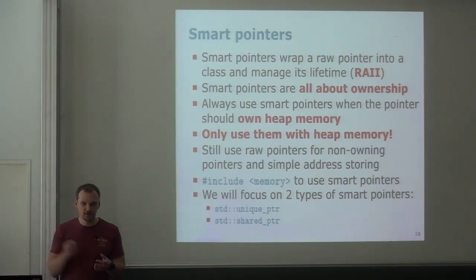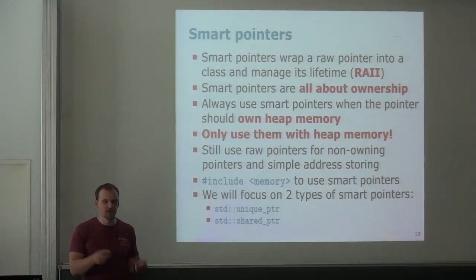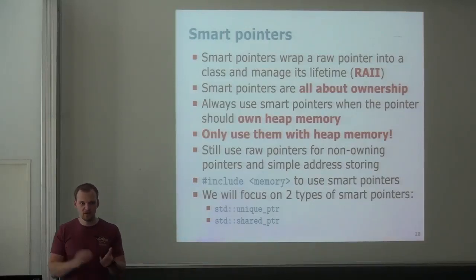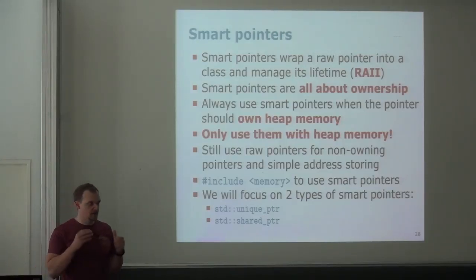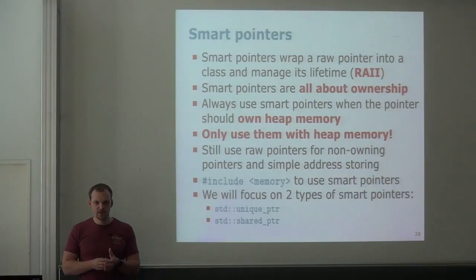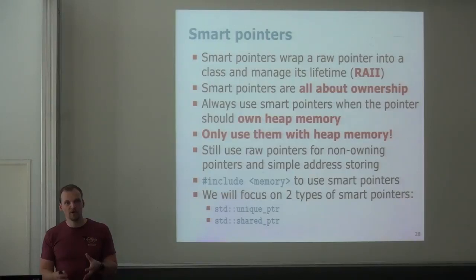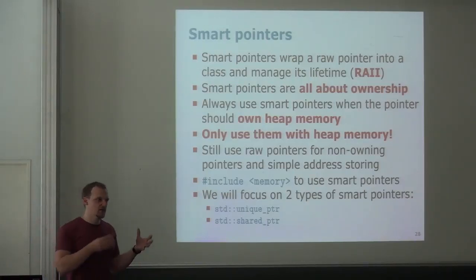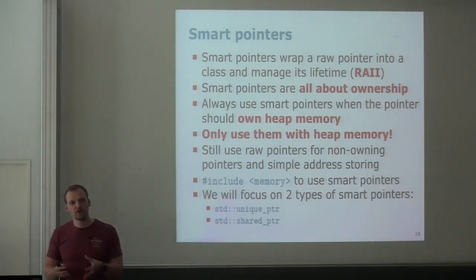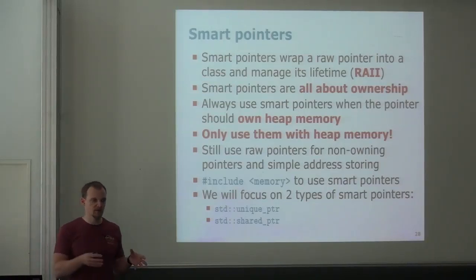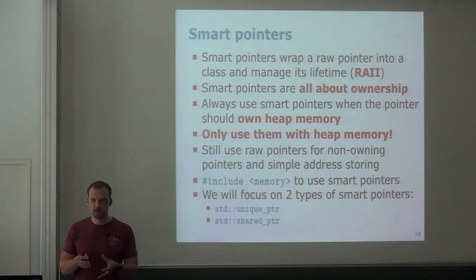So they manage its copying, its moving, its deletion and creation, and so on. You should think about smart pointers as something that owns; it's all about ownership. They were created exclusively to manage heap memory. You should never use them with memory that is on the stack, and they make using heap memory easier than otherwise.